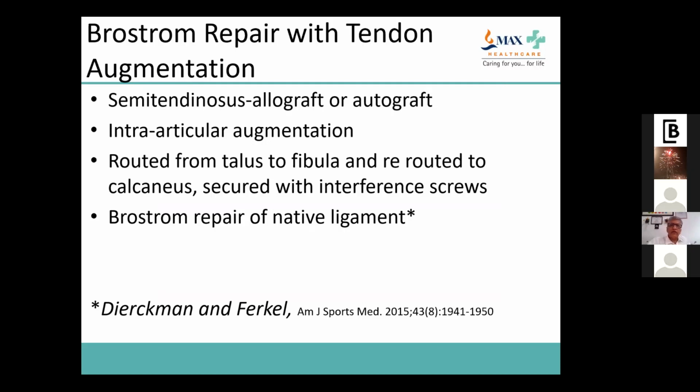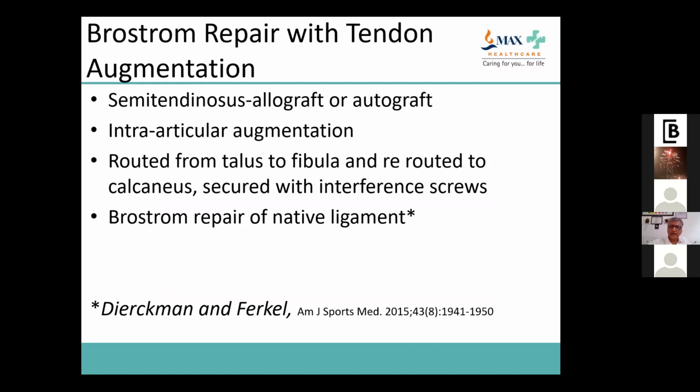There is another kind of augmentation which sometimes is required under certain special situations. Instead of a synthetic fiber tape, this is done with a tendon. This tendon could be either a semitendinosus allograft or an autograft.